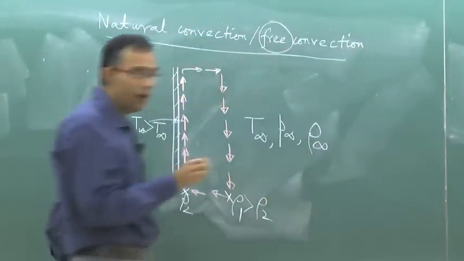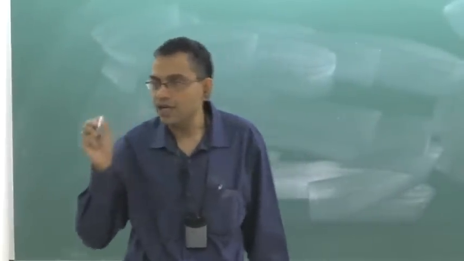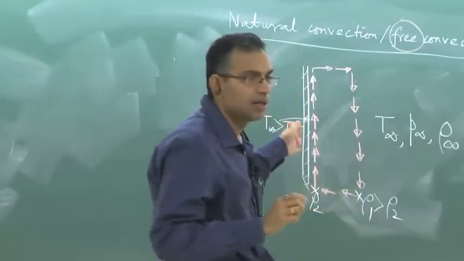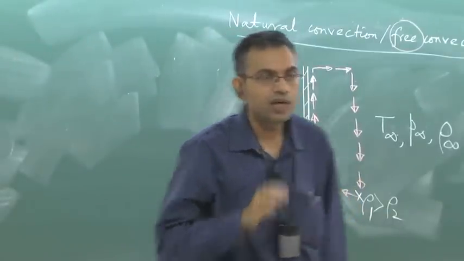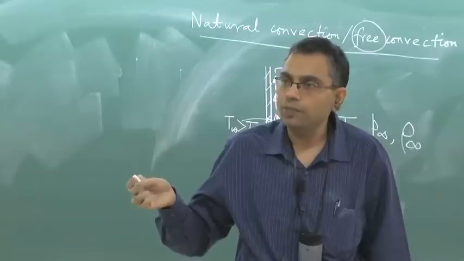So one of the important things to consider is that when you have a forced convection, we have seen that the Nusselt number is a function of Reynolds number and Prandtl number. That much you have learned by this time. Now here the Reynolds number is no more important because there is no forced mechanism of driving the flow. So the Nusselt number of course is expected to be a function of Prandtl number.